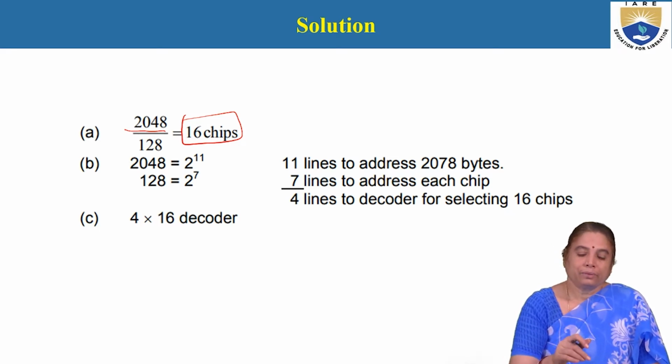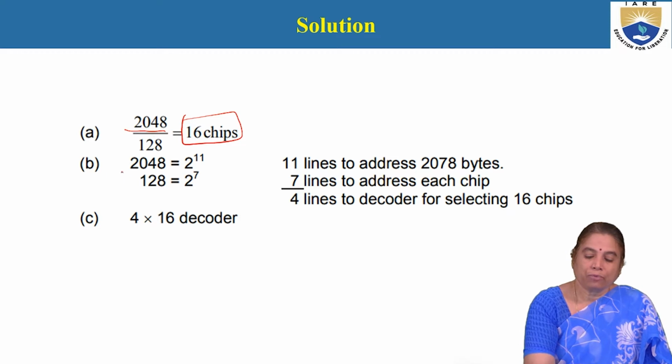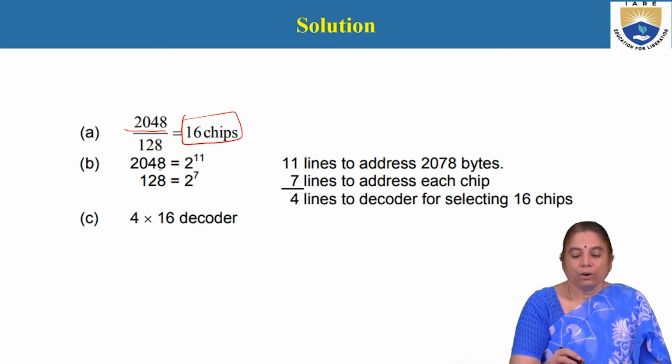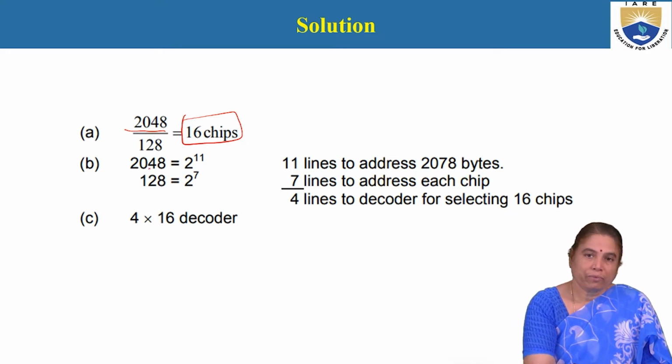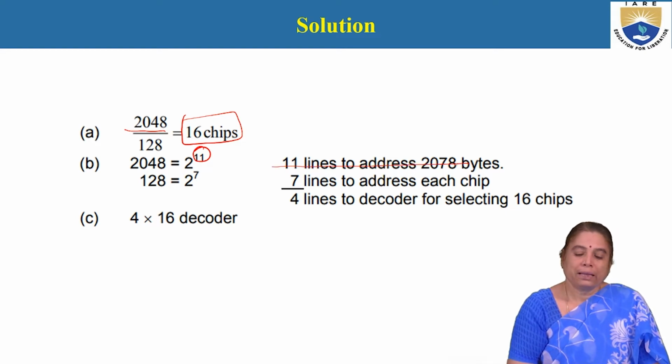And to address the capacity of 2048, 2 power 11 is equivalent to 2048. So 11 address lines are required to address a memory of capacity 2048 bytes.